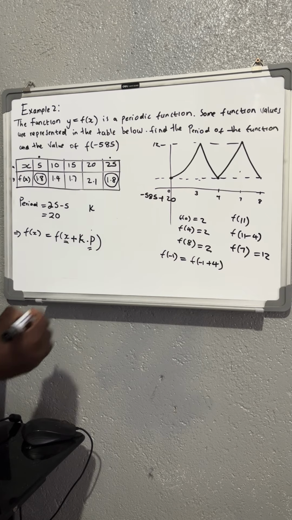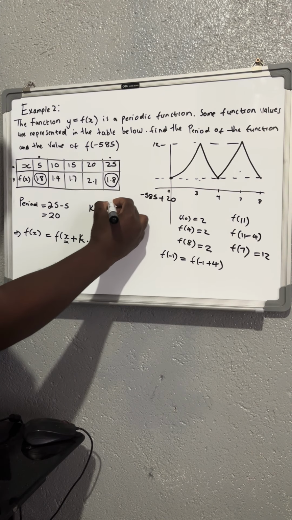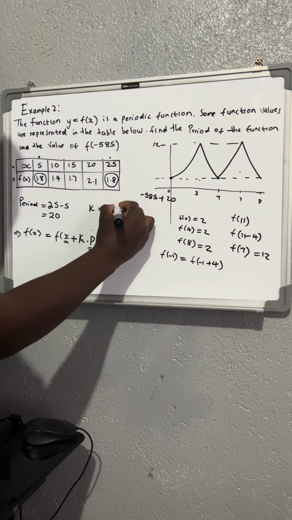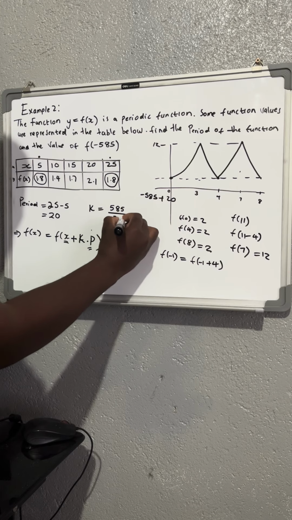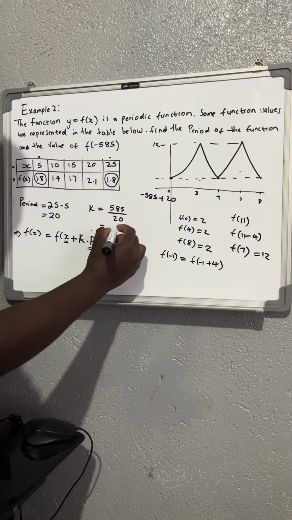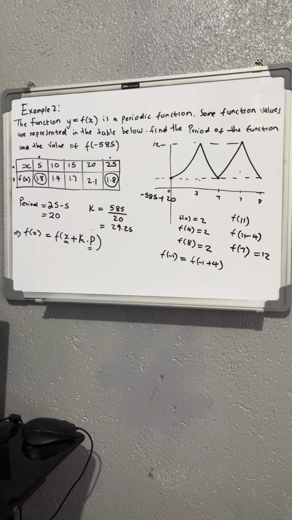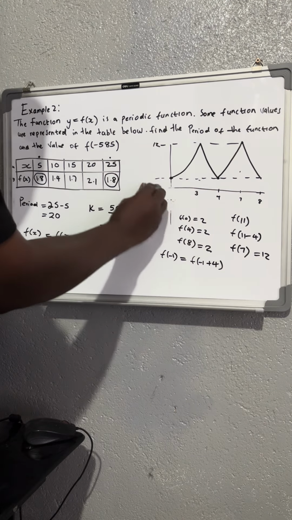Our k is going to be 585 divided by 20. This is going to give us 29.25. So let me just erase this because we're done with the explanations.